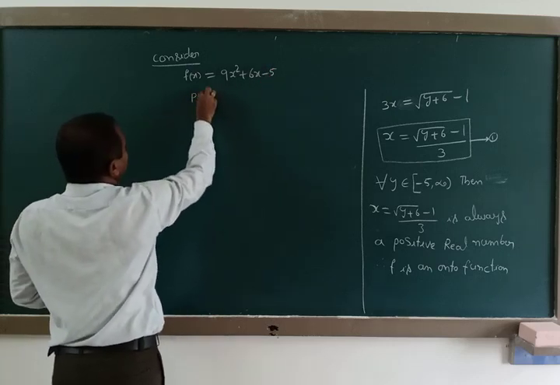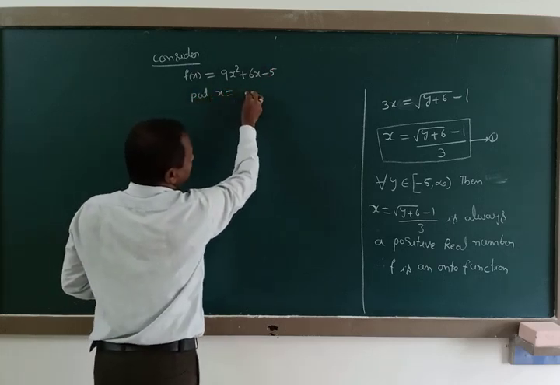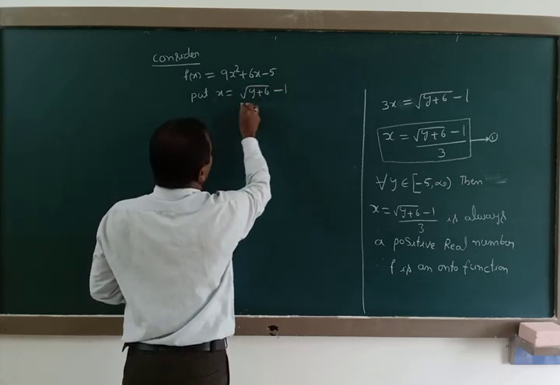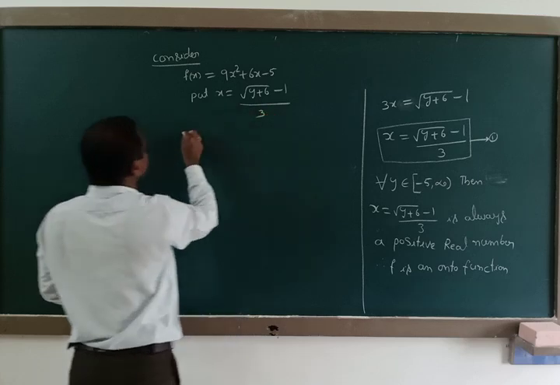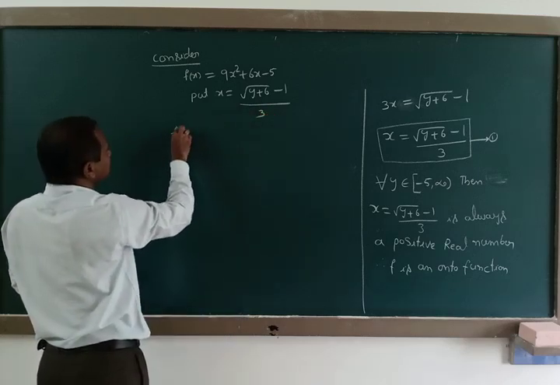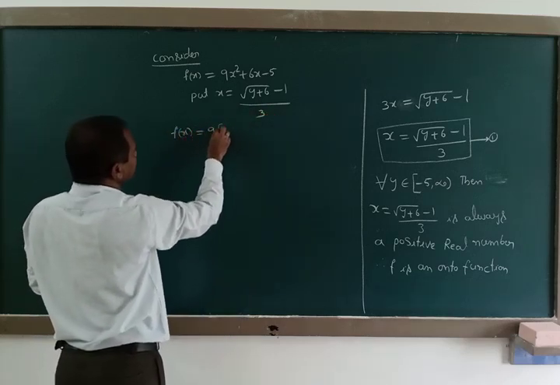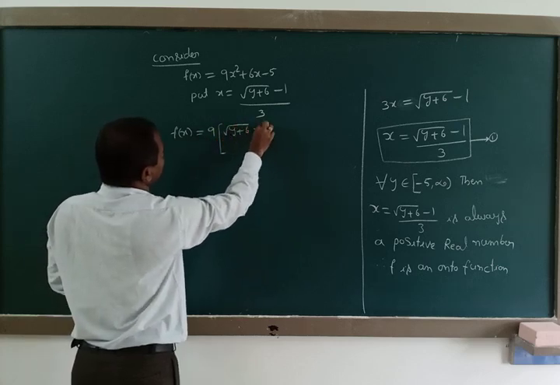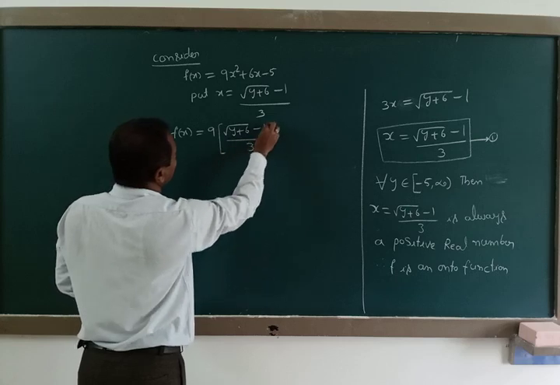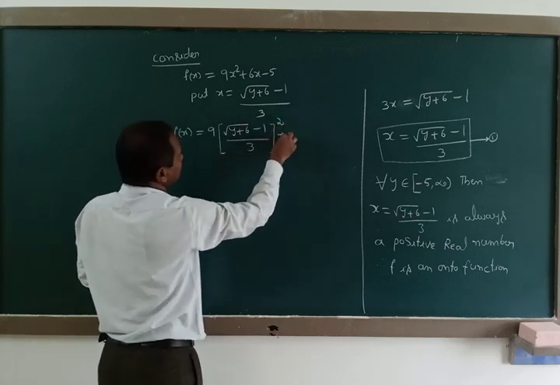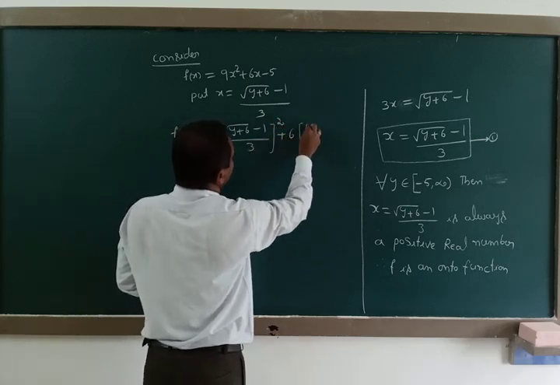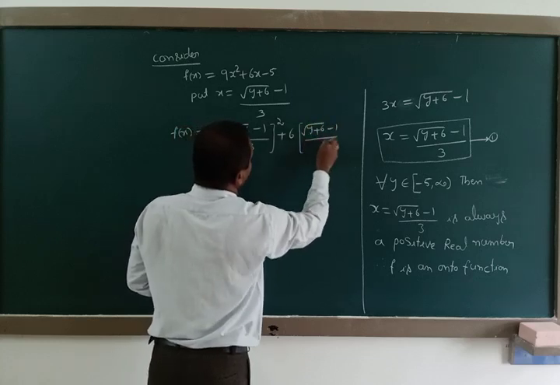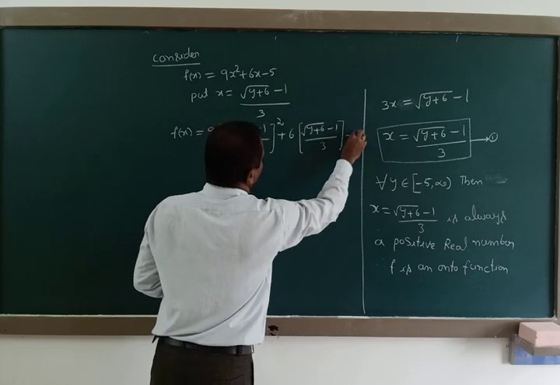Put x is equal to square root of y plus 6 minus 1 whole dividing by 3 here. f of x is equal to 9 into square root of y plus 6 minus 1 whole dividing by 3 whole square plus 6 into square root of y plus 6 minus 1 whole dividing by 3 minus 5 here.